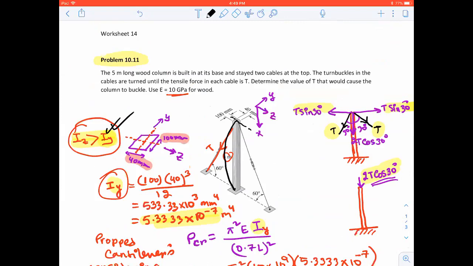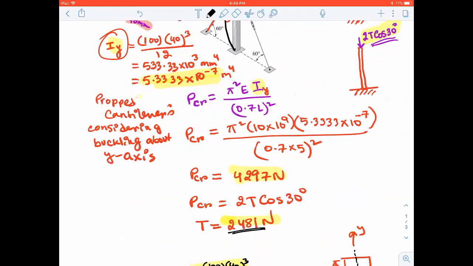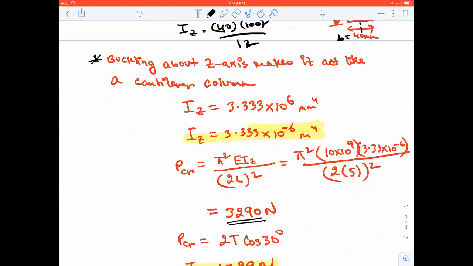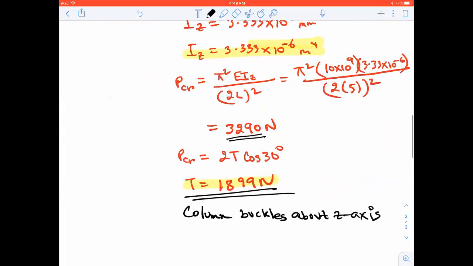But here, because it was acting as a propped column about the y-axis but a free cantilever column about the z-axis, we had to analyze both, because we do not know which one will give us the lowest value. And in this case, the lowest value is given by the cantilever column buckling about the z-axis. So any question?